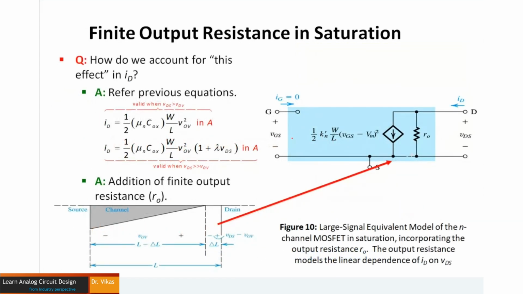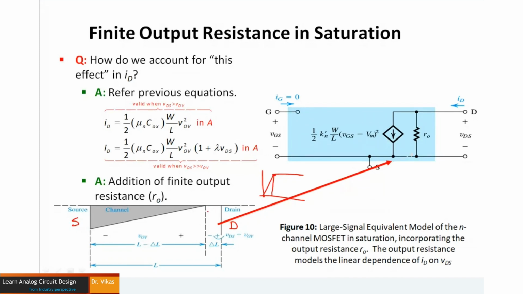Now let's try to give you the physical glimpse of what exactly happened over here. Like I was telling, between the source and drain, even if you increase the VDS beyond a pinch off voltage like this, beyond this portion, what happened?